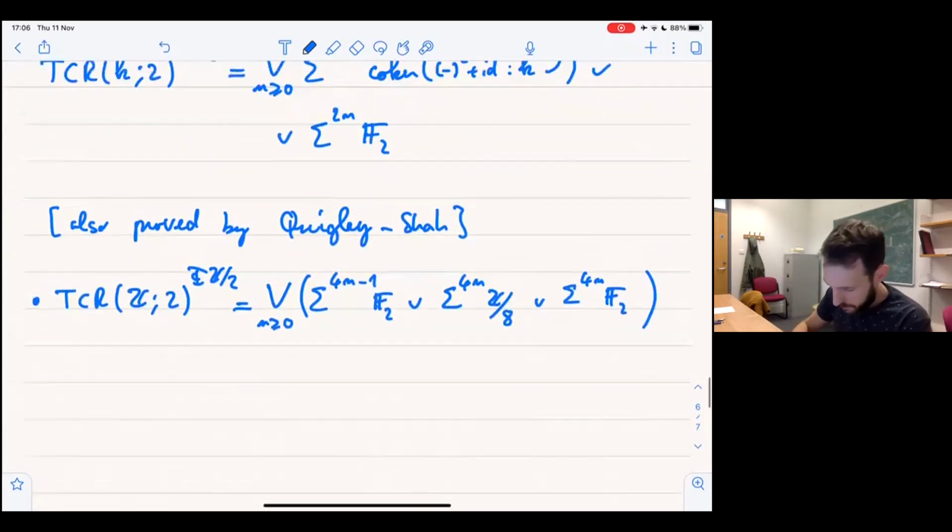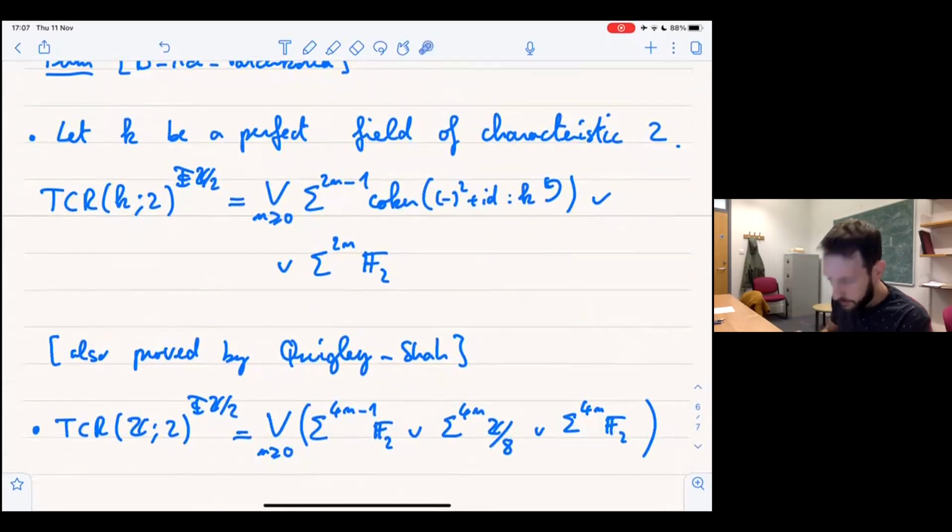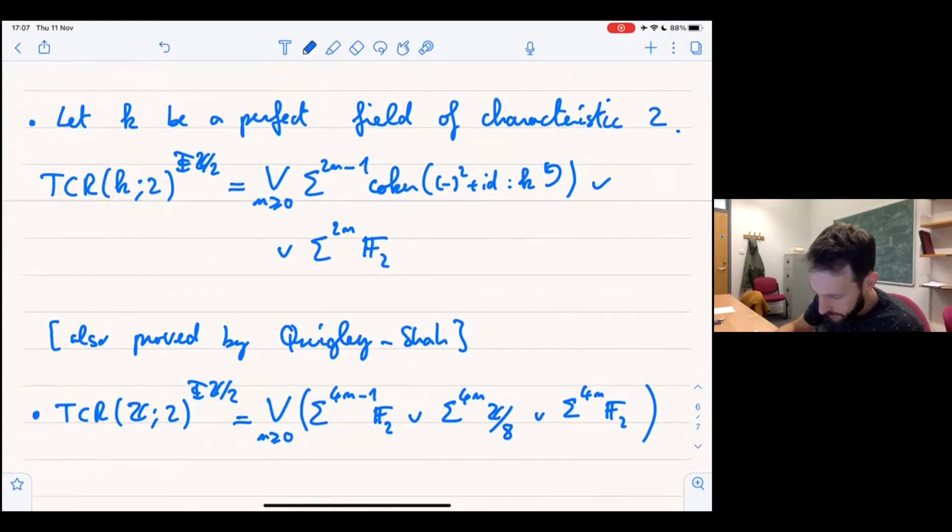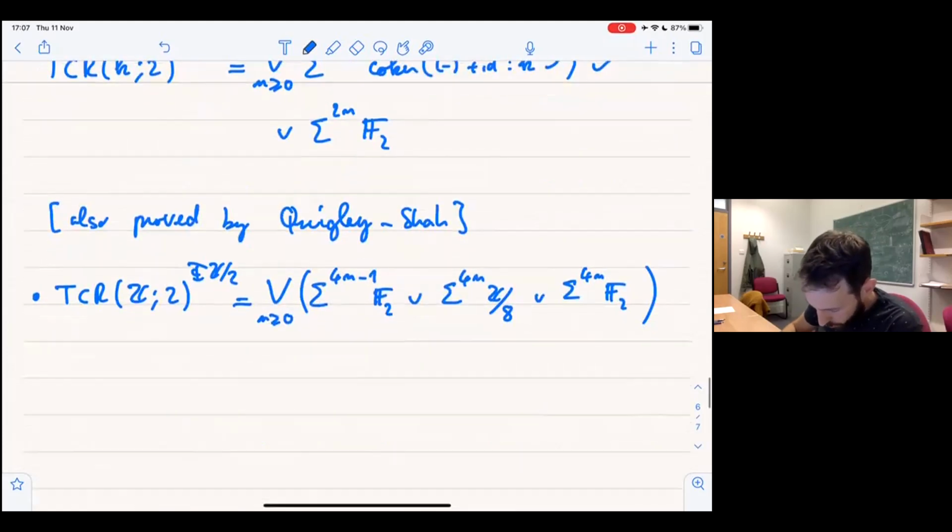And maybe let me point out that in view of the theorem about L theory before, you could actually compute the L theory of perfect fields and the L theory of Z. And so you don't get anything new out. But maybe one thing new that you can get from our theorem is that there is a base change formula you can use to extend these calculations to perfect F2 algebras, and here to certain torsion-free rings.